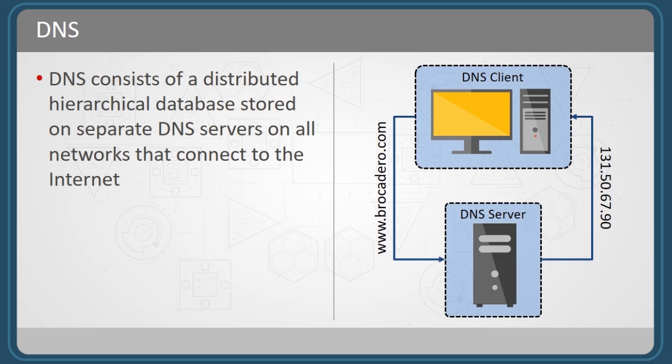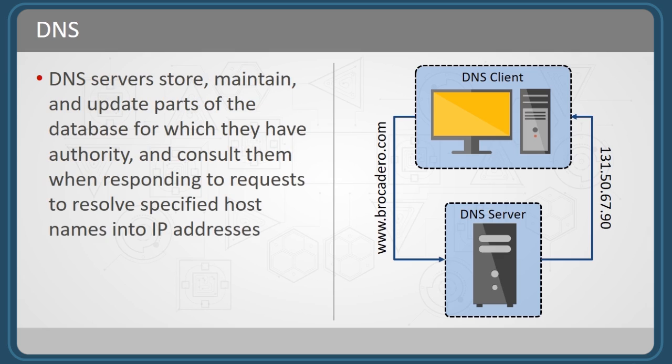Brocadero refers to the organization, and of course there could be multiple hosts within that organization. .com refers to a higher level, where of course there are many organizations within that level, but that's the idea of a hierarchy. As you move through the hierarchy, you go from level to level to level, and you ultimately arrive at the destination. So again, we'll talk about that hierarchy in greater detail later on.